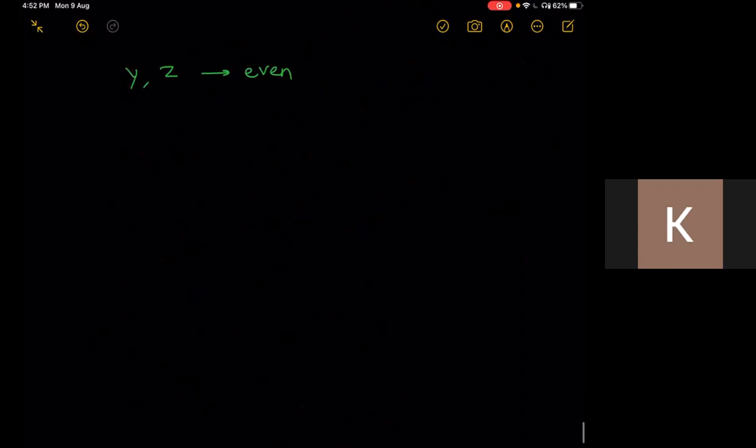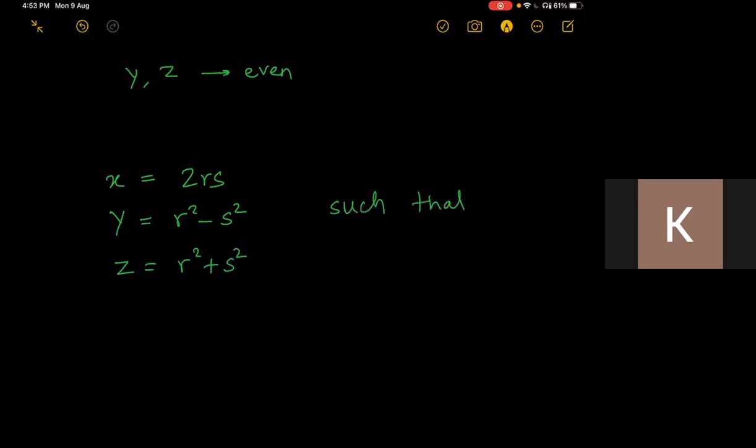So what is the final solution? The final solution is of the form x equal to 2rs, y equal to r square minus s square, z equal to r square plus s square, such that GCD of r comma s is 1 and r, s are of opposite parity.